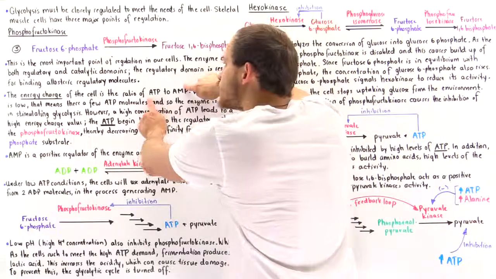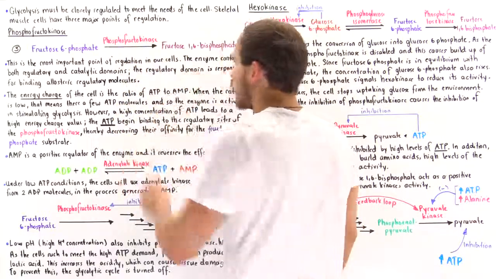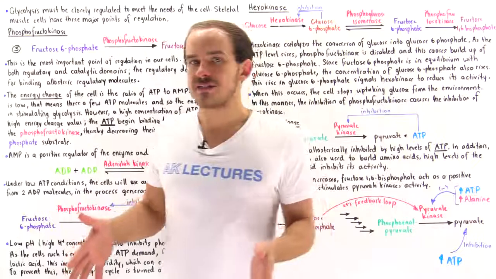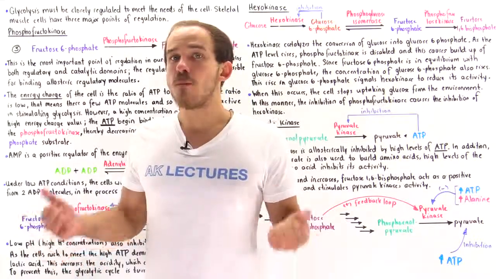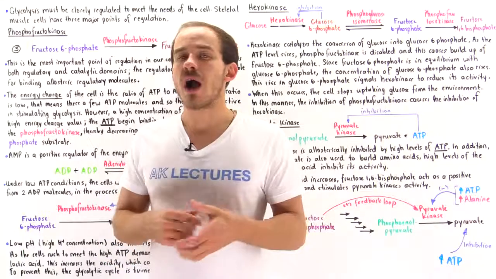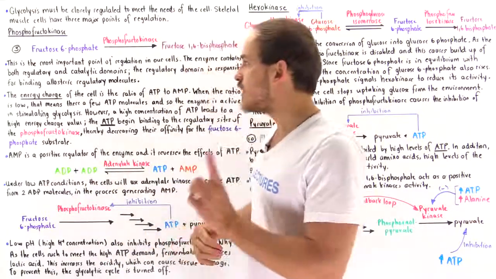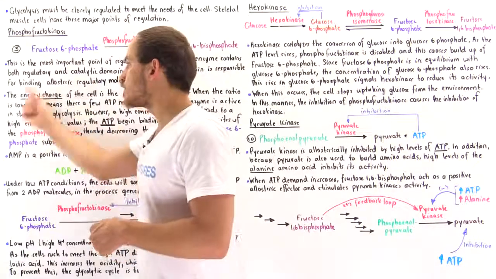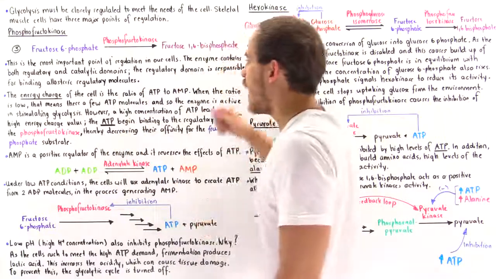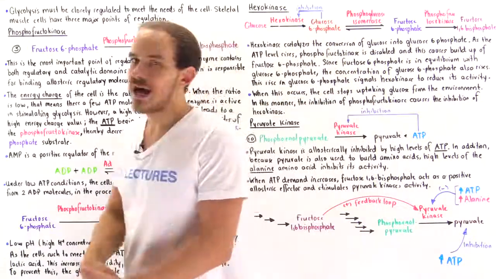And these are the two allosteric regulatory molecules of phosphofructokinase. So let's suppose we're at rest. And what that means is our muscles aren't actually contracting, and so our muscles do not require ATP. And there will be a buildup of ATP in our cells, and that means the energy charge value will be high, because if the energy charge value is high, that means the ATP to AMP ratio will be high.